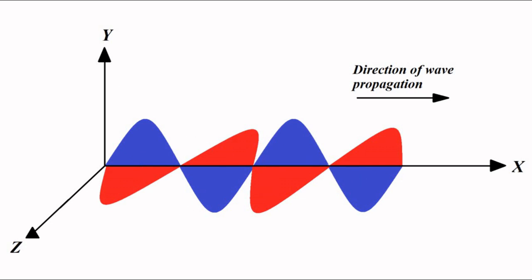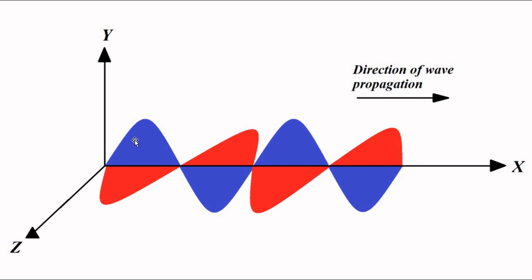The electric field, the blue one, is in the xy plane, and the magnetic field, the red one, is in the xz plane.